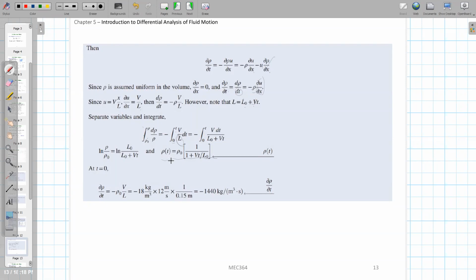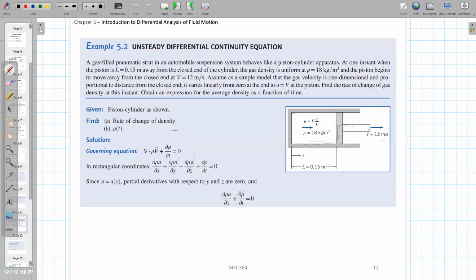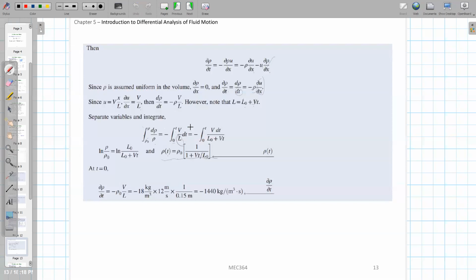And you get this result from knowing that at t equal to 0, you have the initial condition rho equal to rho 0, and the initial length L equal to L0, right? So this gives you a result showing what the density is as a function of time, right? So this will give you the second result, obtaining an expression for the average density as a function of time. And you see that we solved it directly by solving this mass conservation equation, this differential equation.